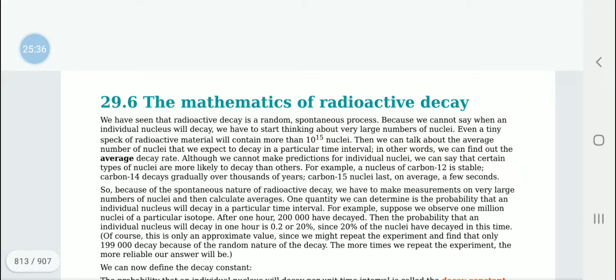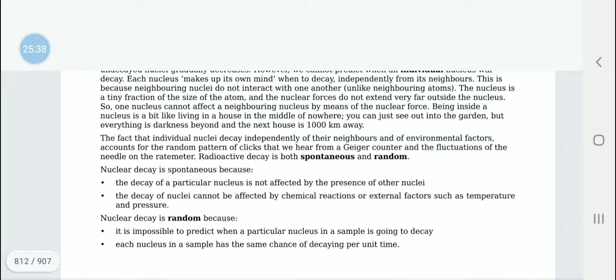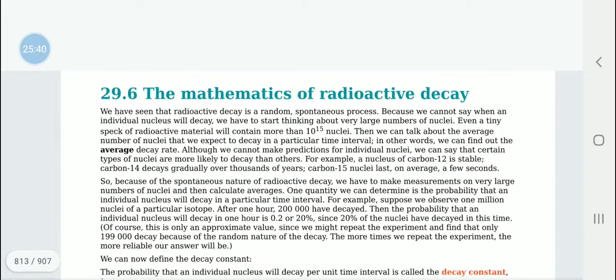Write down the mathematics of radioactive decay. Radioactive decay is random and spontaneous. As a result, we need to obtain average values to get a clearer picture of what is happening.